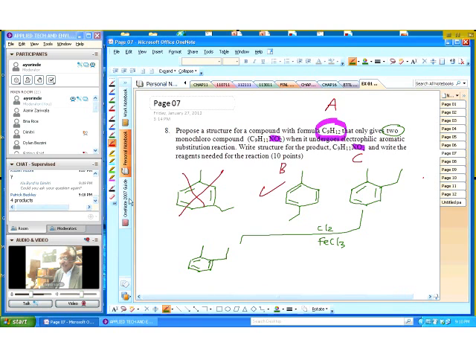So we have this. Let's use the red pen. So we say we have this, 1 monochloro product. Let us see another one. We have this here, and if it is on this side, that's another product.